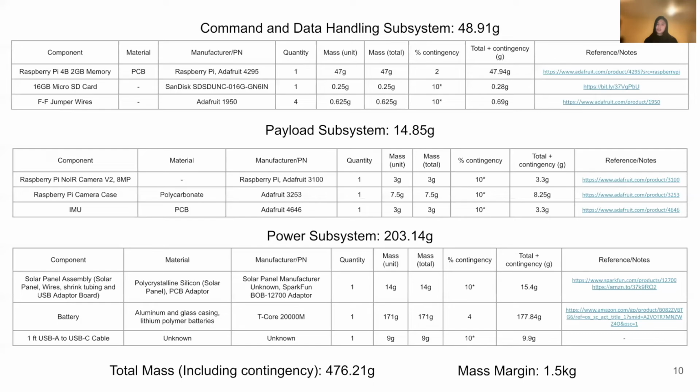The payload, just the camera case and the IMU, is going to be 15 grams, and the power subsystem, which contains the battery, which is the heaviest, is going to be 200 grams. The total mass is going to be just under 500 grams, which is a lot lower than the weight limit for a 1U CubeSat of 2 kilograms. So we have a lot more room to add weight if we need to.